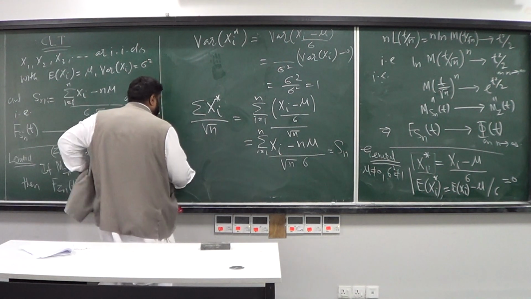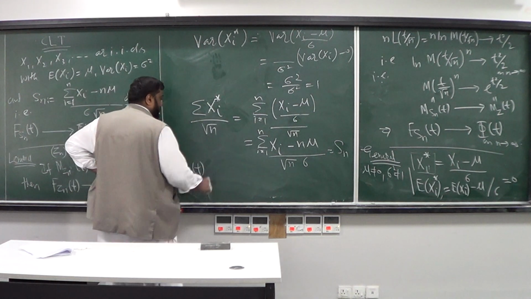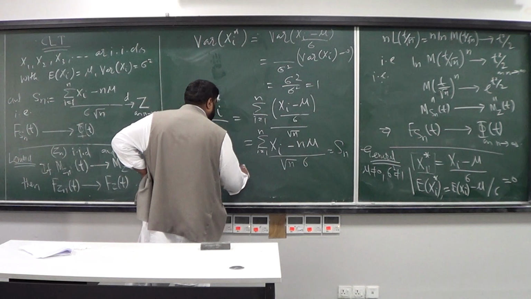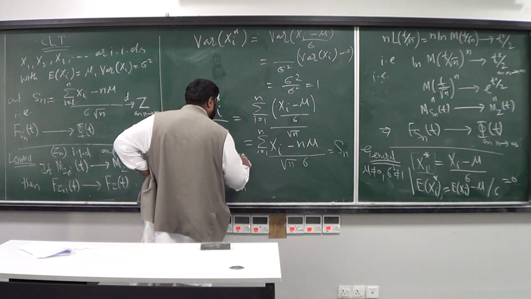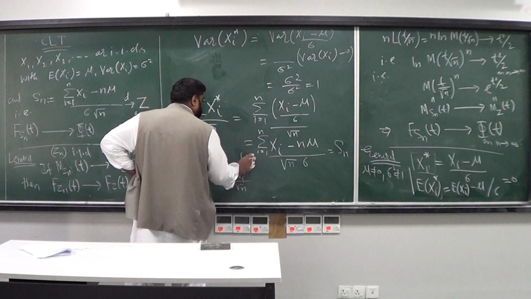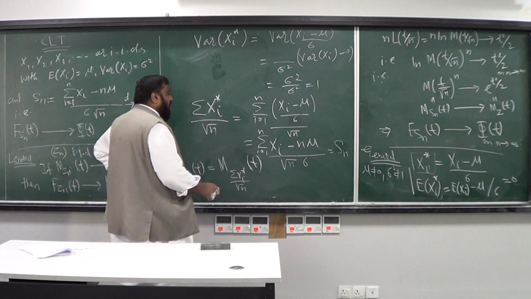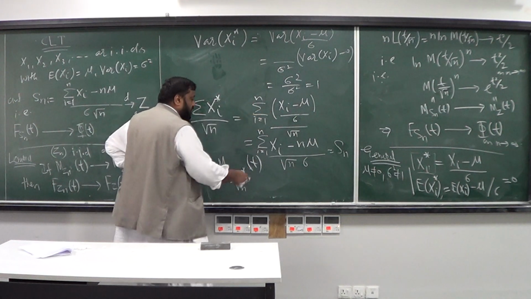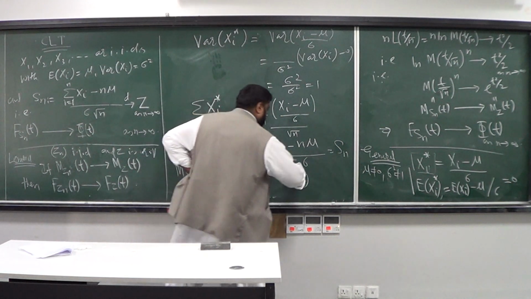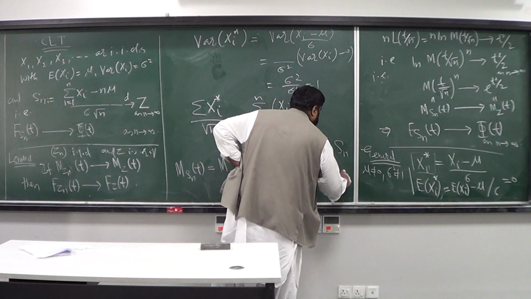Now, if I want to take the moment generating function of Sn at t, this is the same as the moment generating function of the sum of xi star upon square root of n at t. But for such a standardized sum, we have already proved by the central limit theorem that this converges to e to the t squared upon 2 as n goes to infinity.